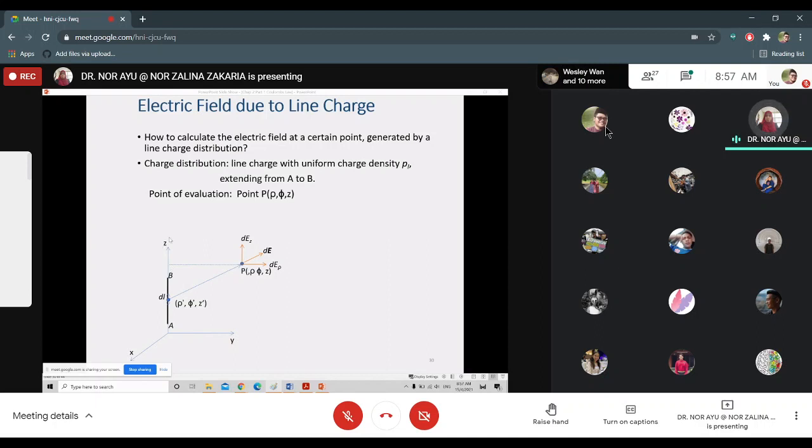When we talk about a line, it will produce electric field intensity in all directions, and this will form something like a cylinder, right?